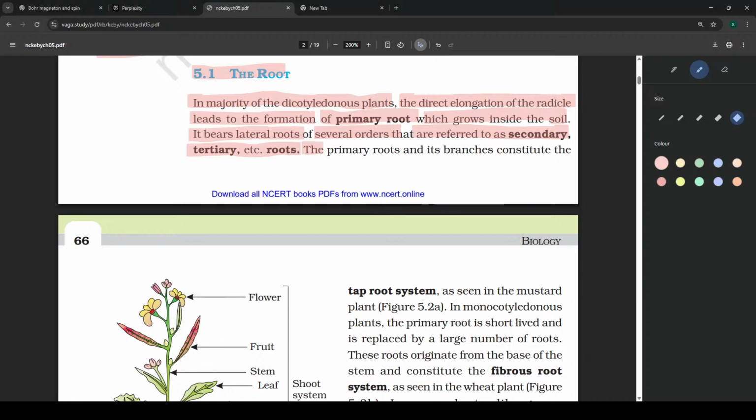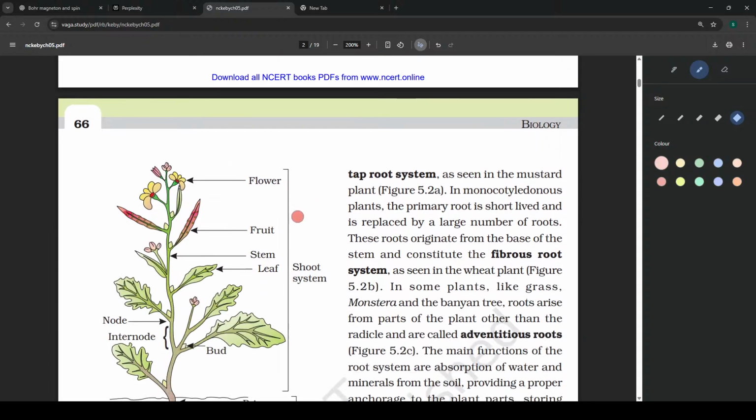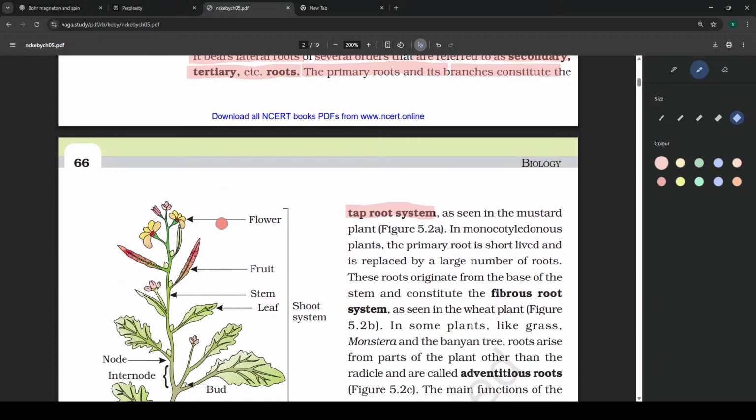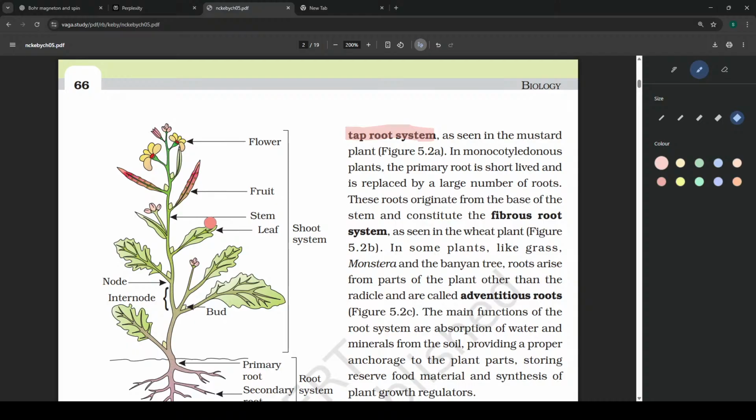The primary root and its branches constitute the taproot system. This kind of system, where first the radicle elongates, forms the main root, and then secondary roots and tertiary roots originate from the primary root, is called the taproot system.